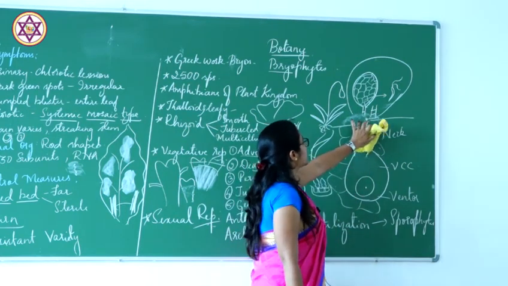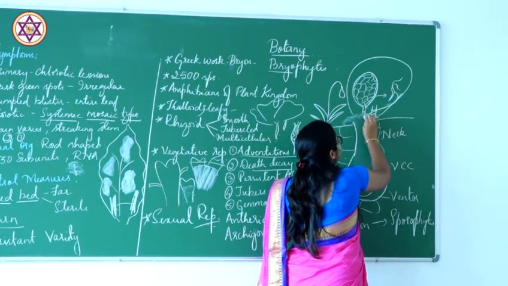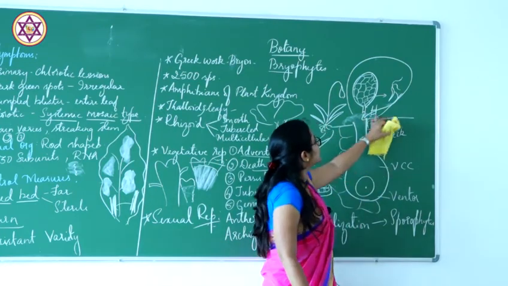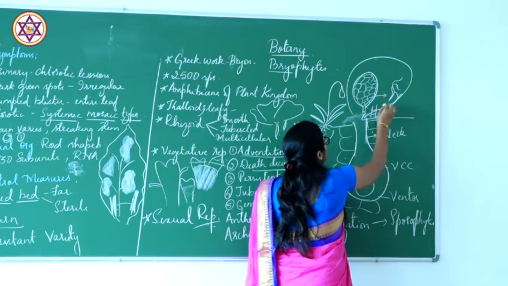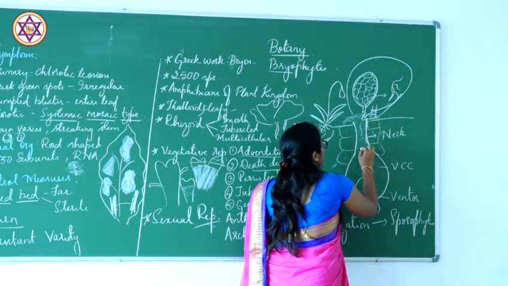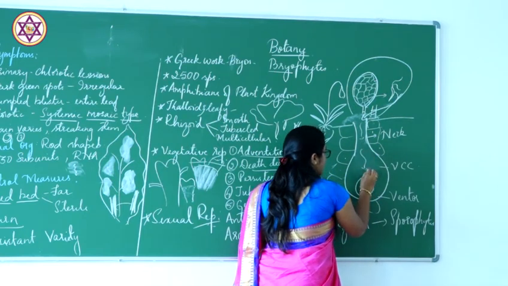This mucilage will attract the antherozoid. Once attracted because of the content in the mucilage, the antherozoid will swim and reach the egg.